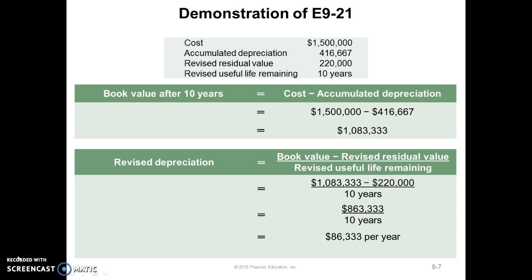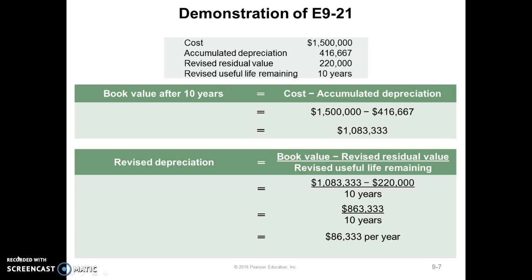Now we have to take the book value today minus what we think the new residual value is going to be, because we're not going to depreciate the value down to zero. So you take the 1,083,333 minus the 220,000 divided by 10, because remember, now we revised that from 30 years down to 20 years, and we're already starting year 11.